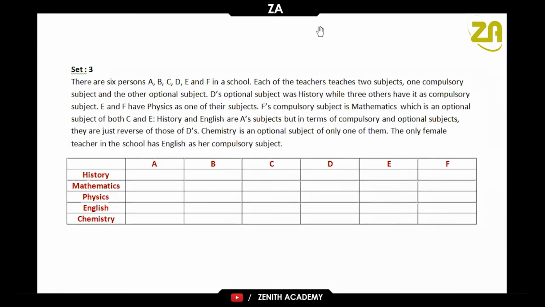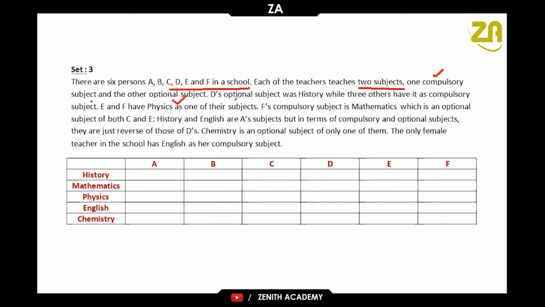In this set, we have a different information. There are 6 persons A, B, C, D, E and F in a school. Each of the teachers teaches 2 subjects. One compulsory subject and the other optional subject.